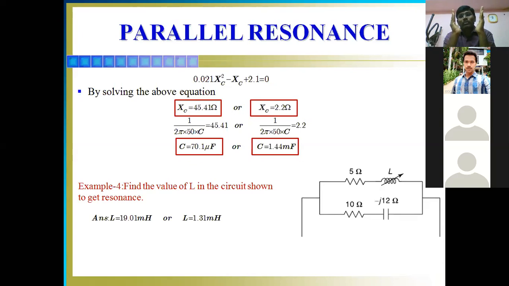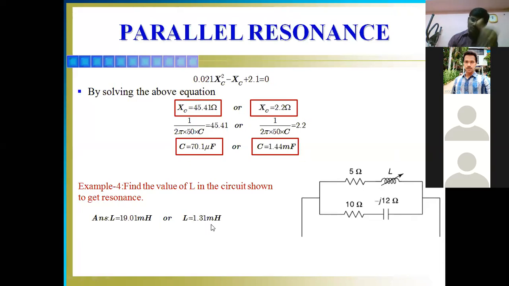A circuit can produce resonance at different values of frequency, capacitance, as well as different values of inductor. That is the meaning of this problem. Now you just solve the second problem. Here, for L, you may get two values: 19.01 millihenry or 1.31 millihenry.